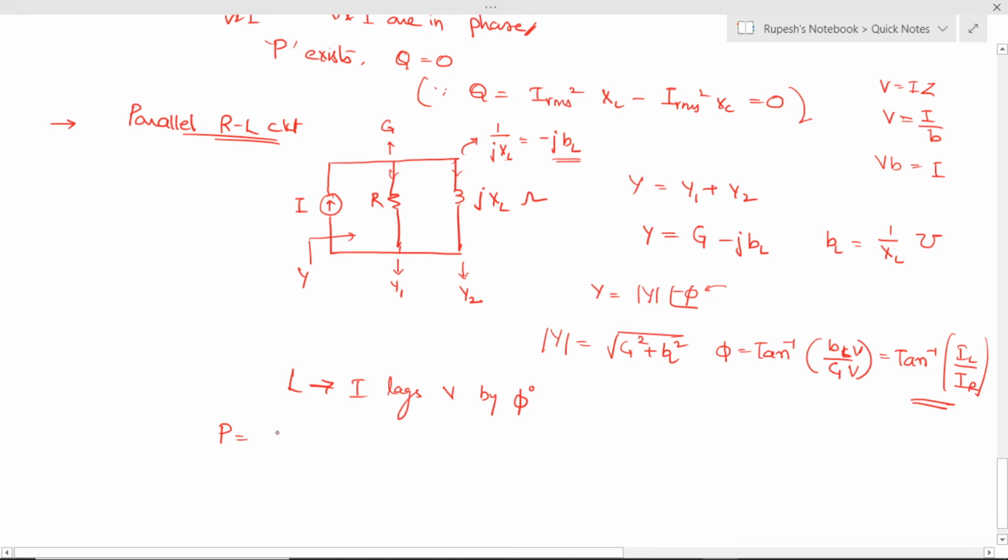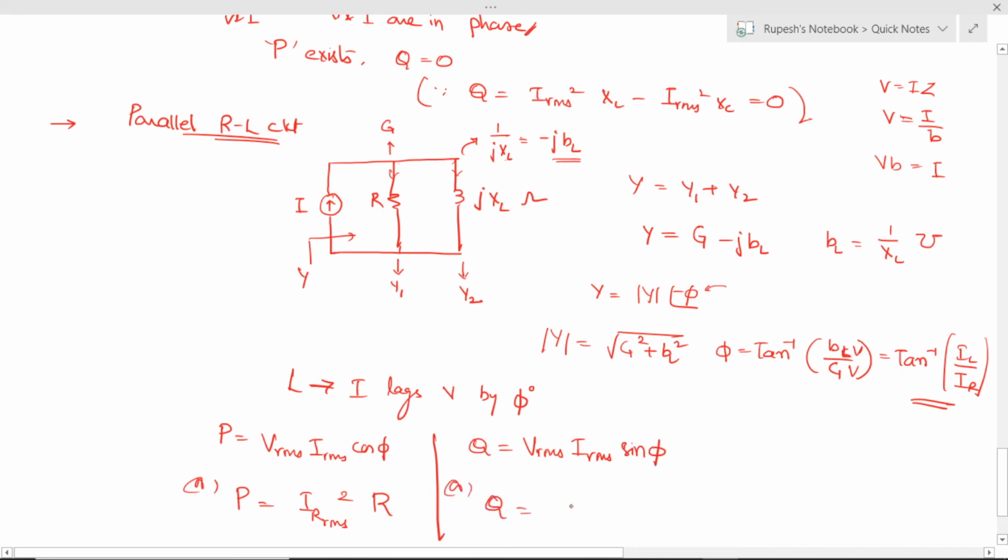Here the real power P is equal to V RMS I RMS into cos phi, or in another form, P is equal to IR RMS square into R. The reactive power is given by V RMS I RMS into sin phi, or the same reactive power is given as I RMS square into XL.